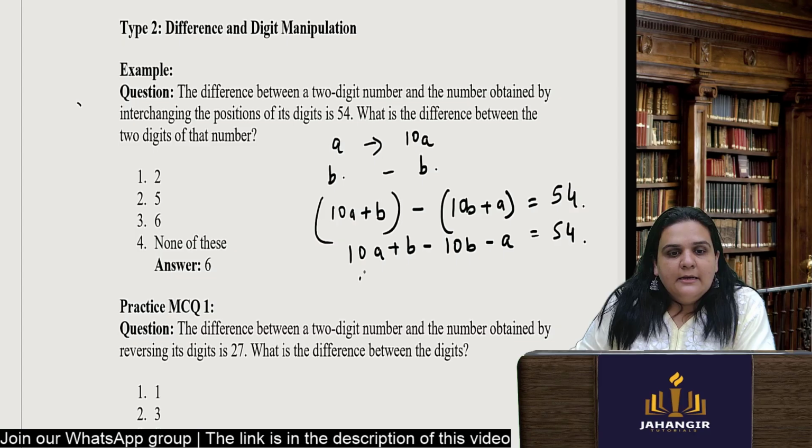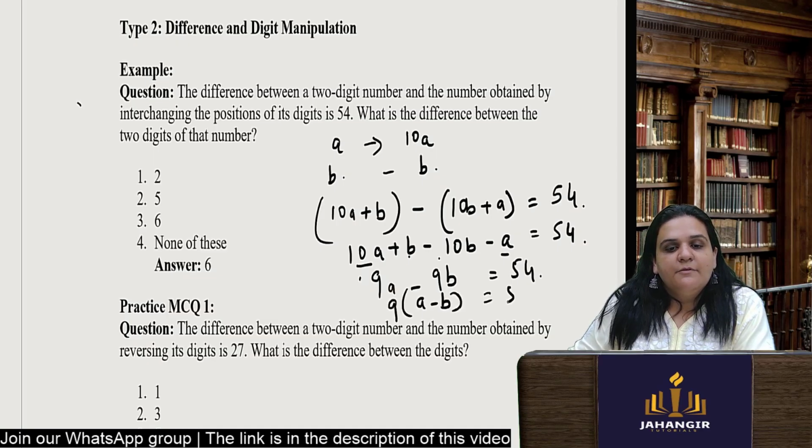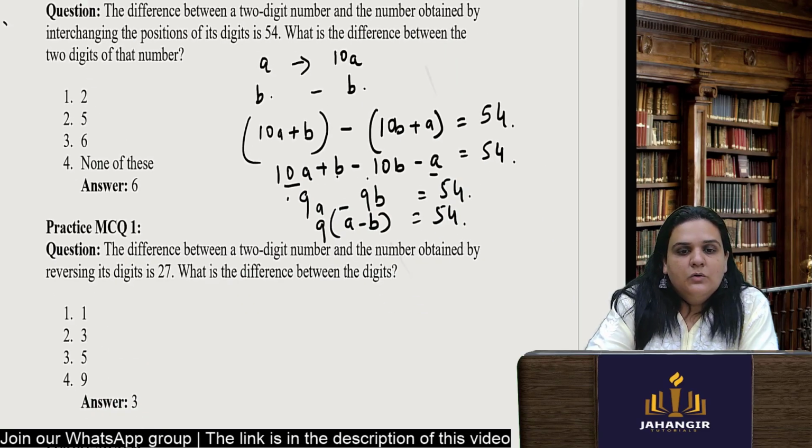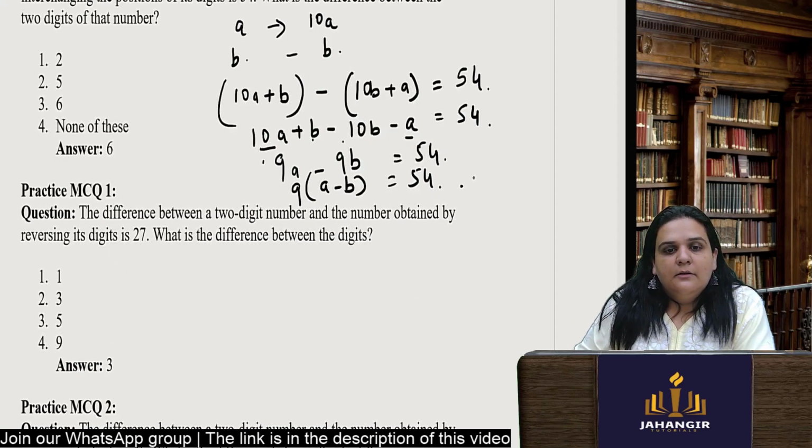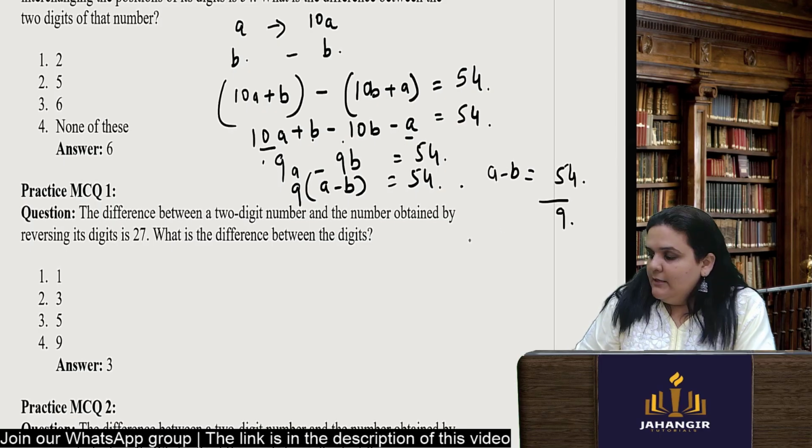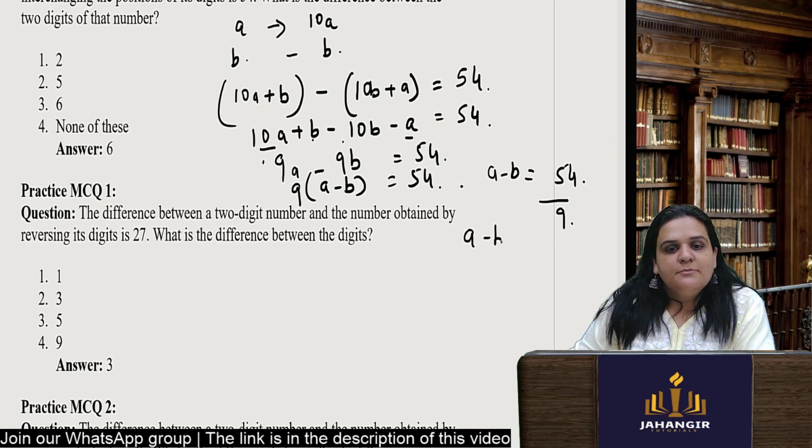So I'll get 10A minus A will be 9A. Minus 10B minus B will be minus 9B. That will give me 54. A minus B, 9 outside, will give me 54. So A minus B will be equal to 54 upon 9. Okay, so A minus B will be equal to 6.